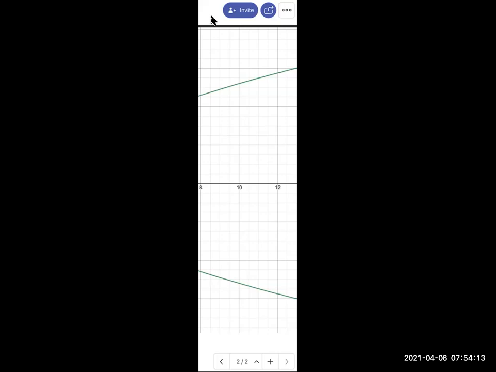Okay, so the term that's used then is the vertex. The vertex is the point at which the parabola reaches a minimum or a maximum, or the point at which the two halves meet.